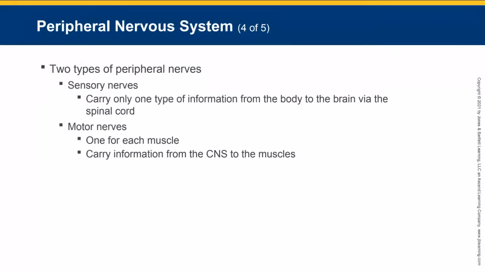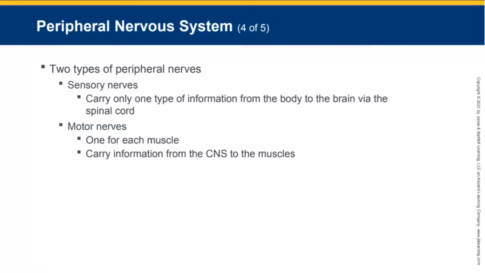Now, within the peripheral nervous system, two types of peripheral nerves are important for us to be familiar with. You have the sensory nerves, which carry only one type of information from the body to the brain via the spinal cord.